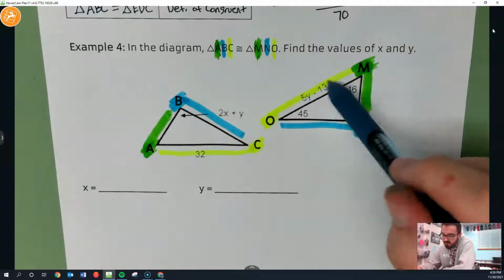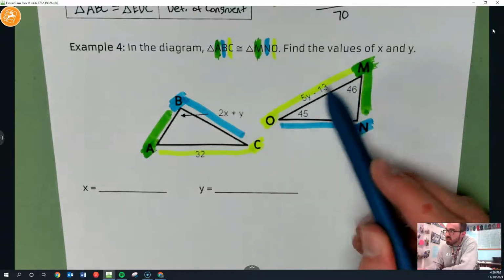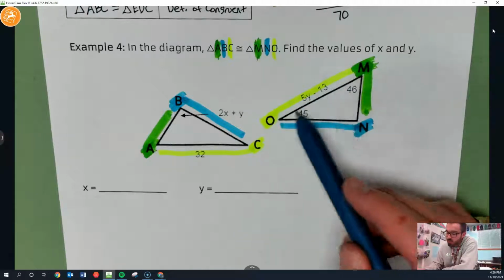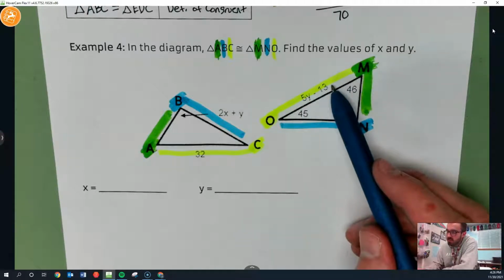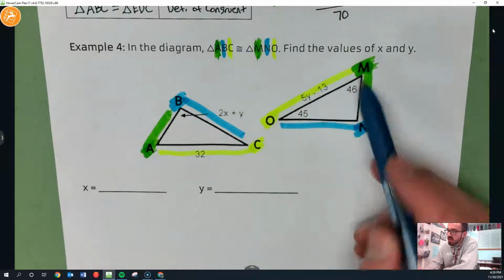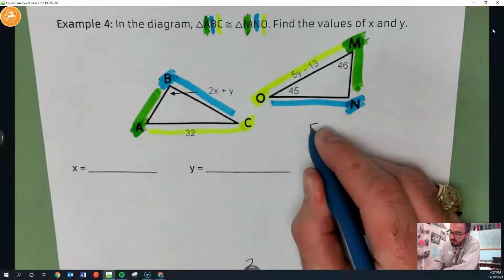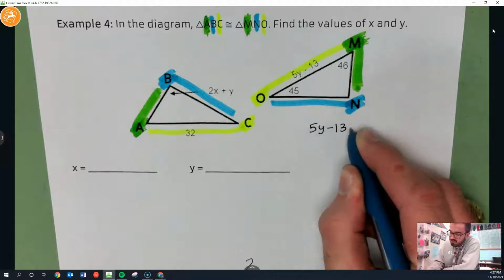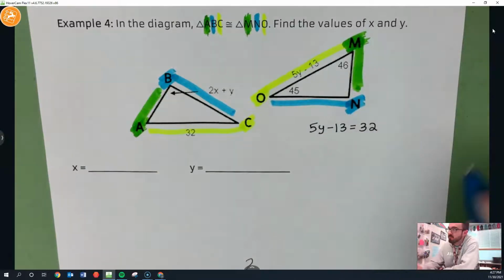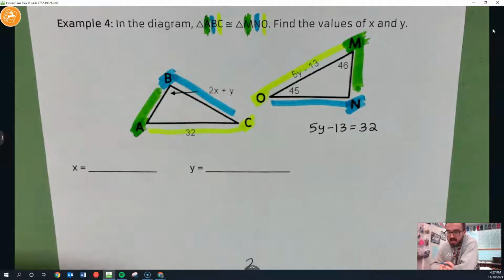Okay, let's look here. 5y minus 13, that is a yellow line. We can set that equal to anything else on the yellow line over here. If this is the yellow line and this is the yellow line, let's make an equation. 5y minus 13 equals 32. Yellow line, they match.